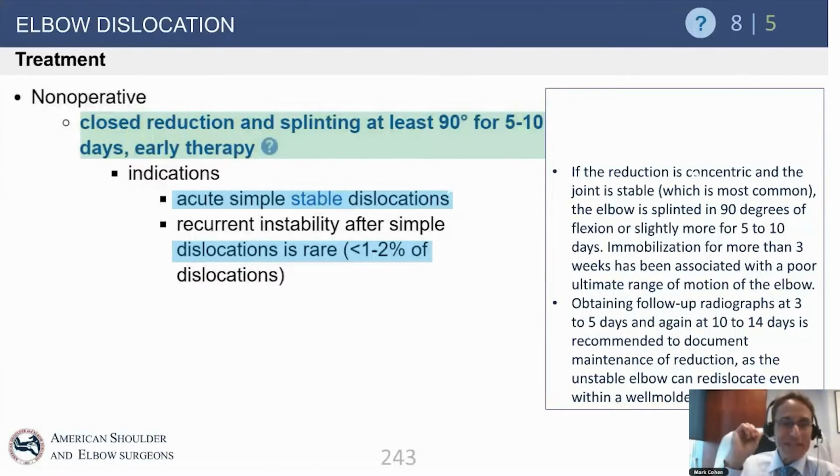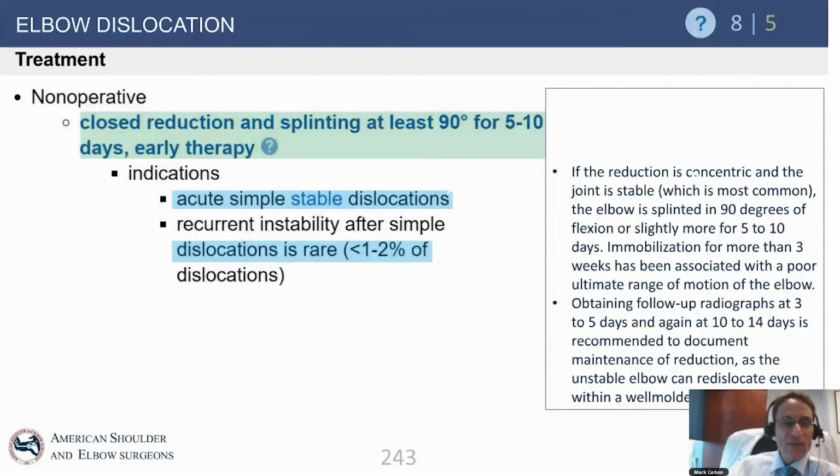The elbow will not dislocate against gravity. So if we're really worried, or if you have a large patient, an overweight patient, you can have them lie on their back and work on range of motion, straightening the elbow toward the ceiling. That is the safest way to recover mobility. But in reality, almost all simple dislocations by definition are stable.